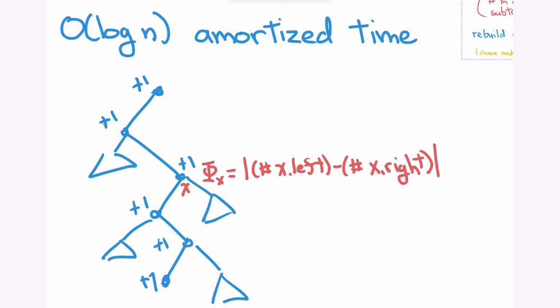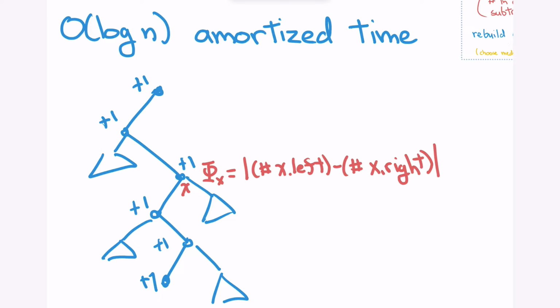So this is sort of the unbalance, the difference between the two. First, when I go down and I update all these counters, all of these individual potentials change, but they're only changing by one for each one, and there's only log n of them. So when I go down, I'm only going to increase the potential initially by log n.